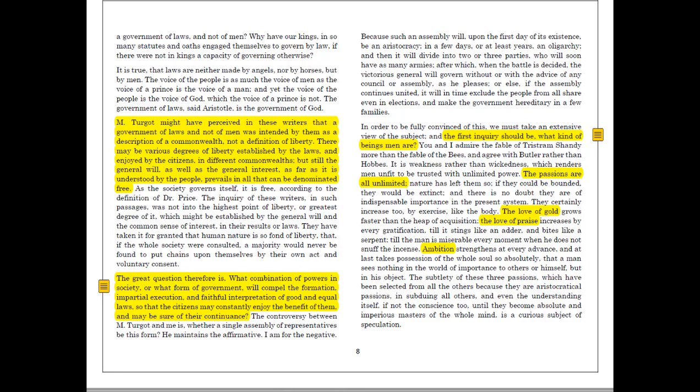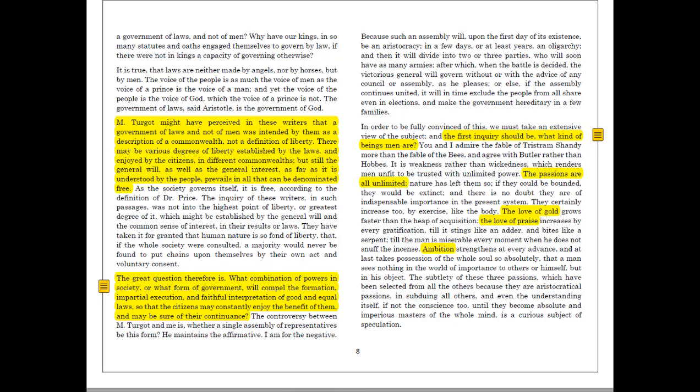So the great question in the next paragraph, at the bottom of the left-hand column: the great question therefore is, what combination of powers in society or what form of government will compel the formation, impartial execution, and faithful interpretation of good and equal laws so that the citizens may constantly enjoy the benefit of them and may be sure of their continuance?